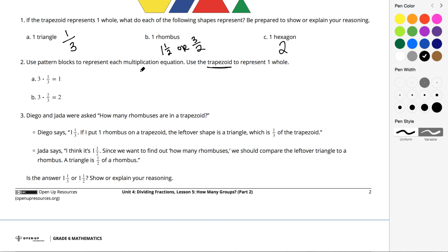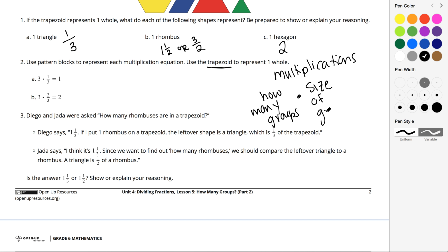Our multiplication problems mean this: how many groups times the size of group equals your total. This is what we're using for all of these.